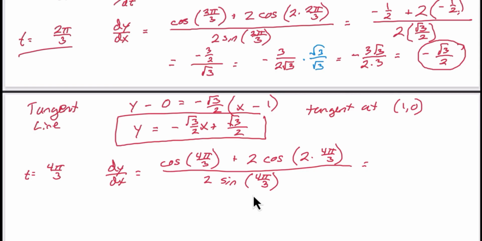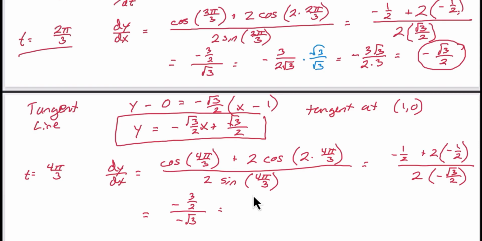We have negative 1/2 plus 2 times the cosine of 8 pi thirds. That is negative 1/2, divided by 2 sine of 4 pi thirds, negative root 3 over 2. Continuing to simplify, we get negative 3/2 divided by this negative root 3.